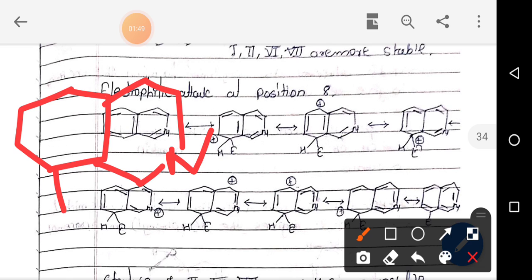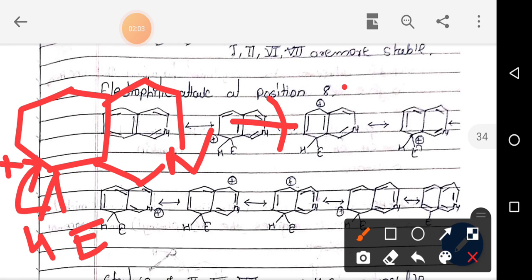Hydrogen, electrophile, H plus, with the hydrogen. This hydrogen shifts here, and here is the formation of the bond.